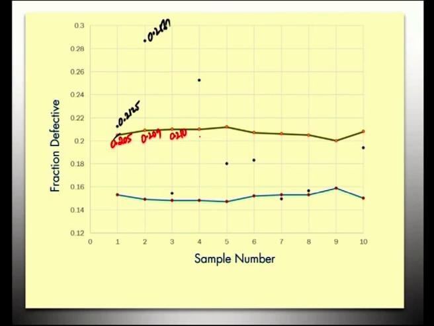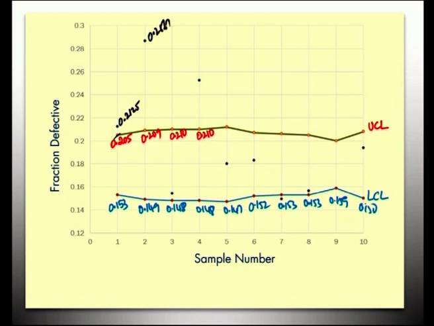Likewise, the values are written, and this is the UCL. The LCL for the first sample is 0.153, and similarly 0.149, 0.148, again 0.148, 0.147, 0.152, 0.153, 0.153, 0.159 and 0.150.